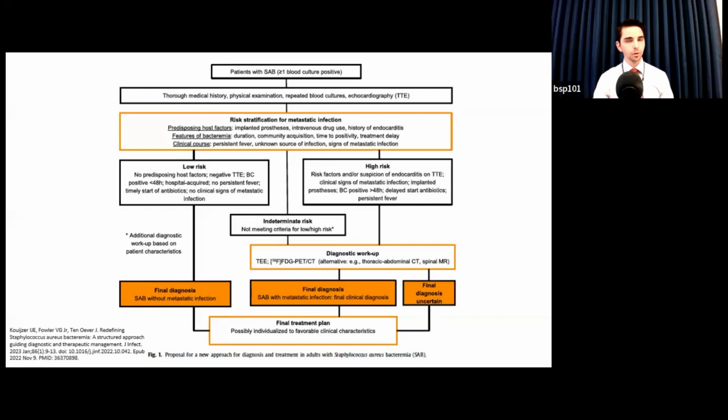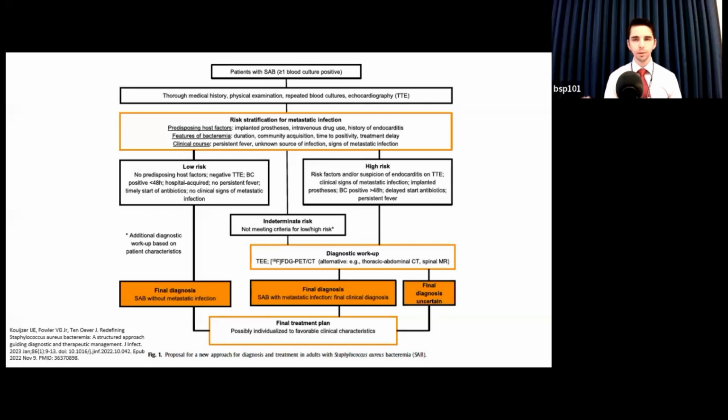Second, you need to perform your thorough history and physical exam and look for those obvious sites of metastatic infection. Your patient who has a swollen knee joint or has new back pain or is having trouble seeing. After that, you risk stratify.